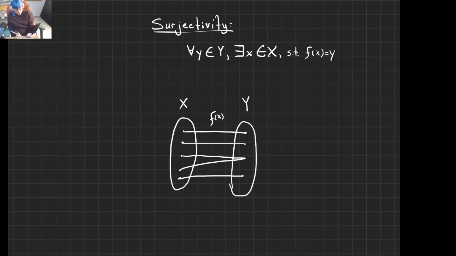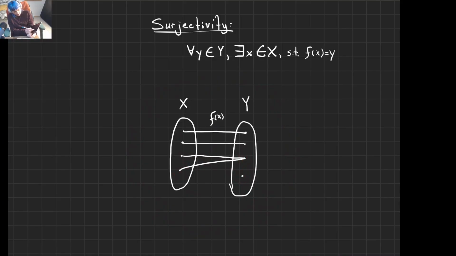Let's see, could it have gone anywhere else? Could it have mapped to a different point? So it couldn't have mapped to this point because then it would no longer be a unique function, because you would have one x value going to two y values, so that wouldn't be allowed.